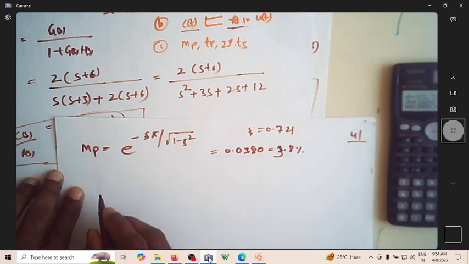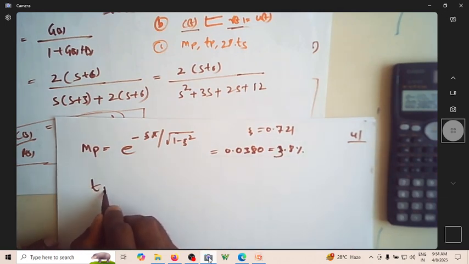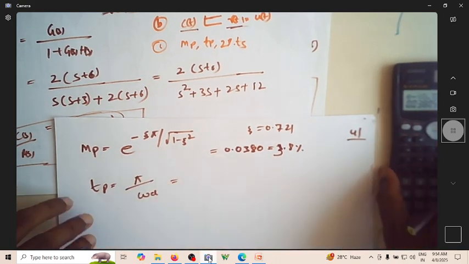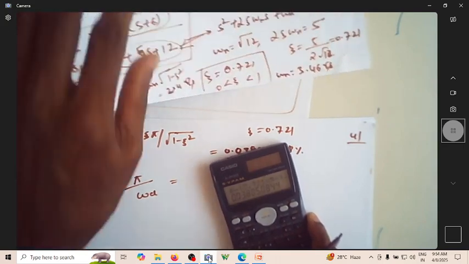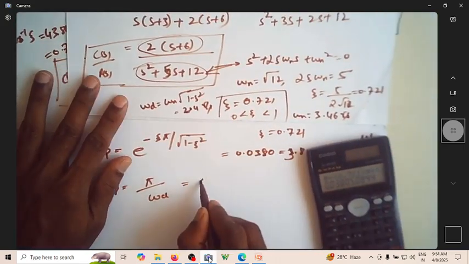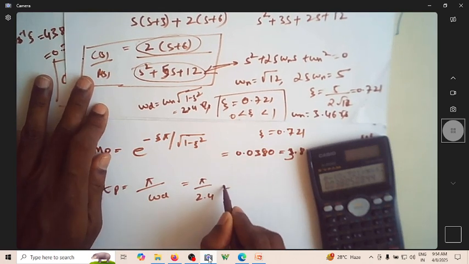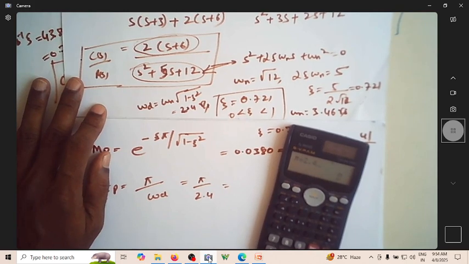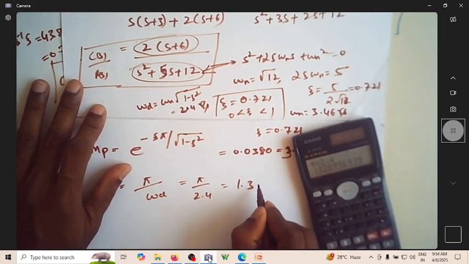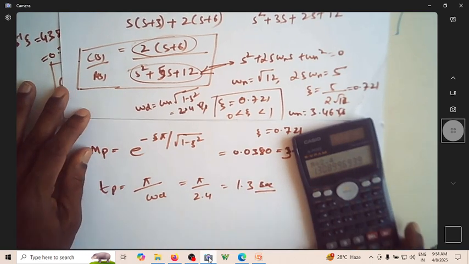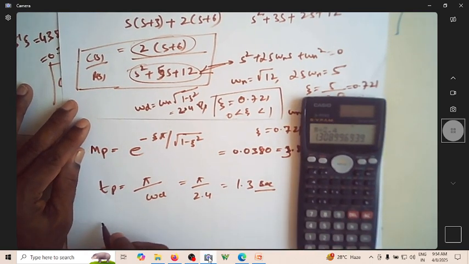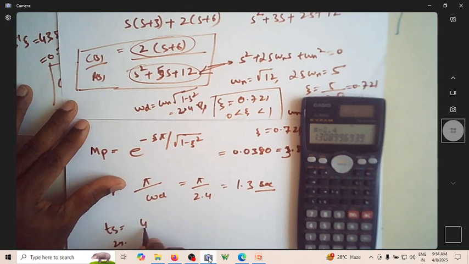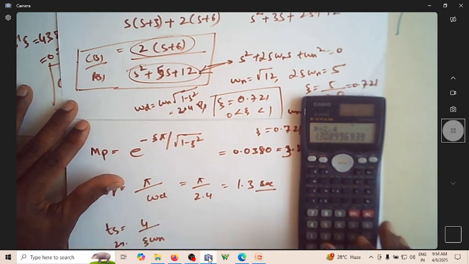What is Tp? It is pi by omega d. We already know omega d is 2.4, so it is pi by 2.4, which is nothing but 1.3 second. How about Ts? For 2% it is 4 by zeta omega n.